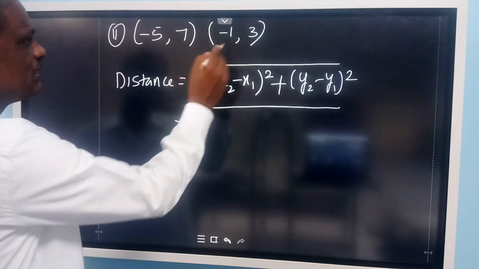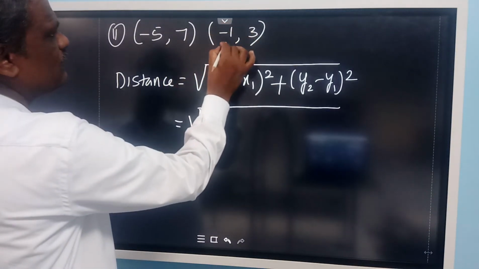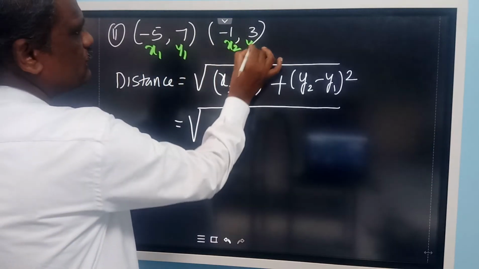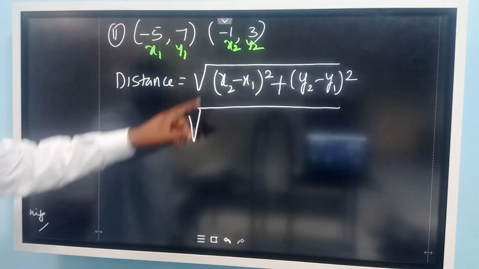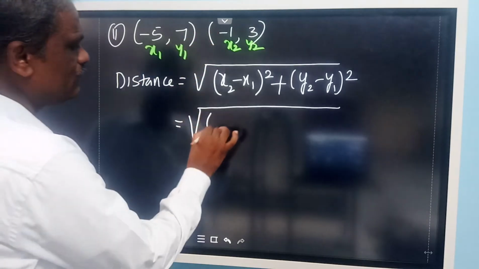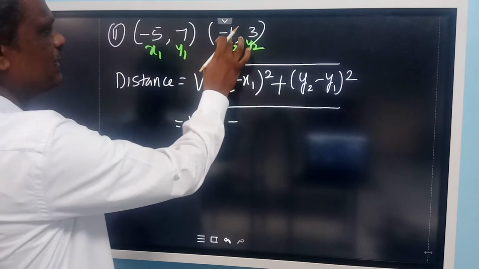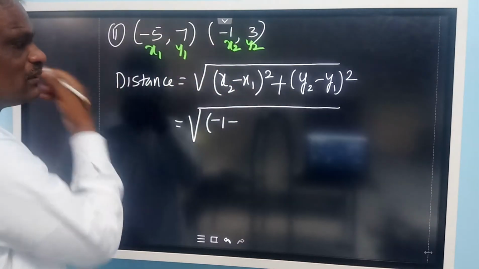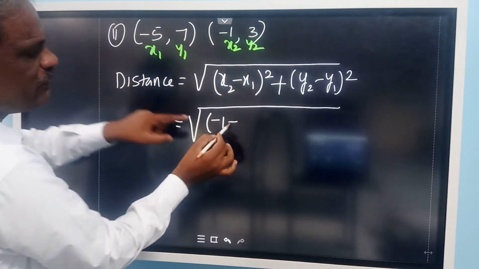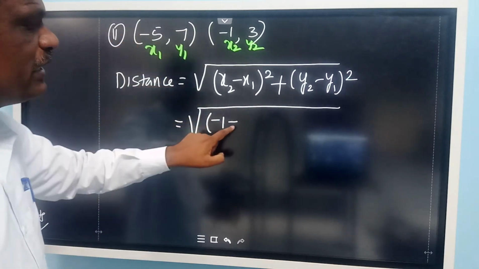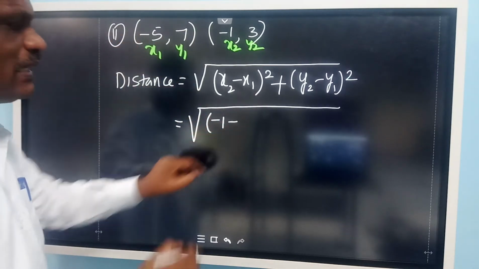Let us identify this: I will write here, this is x1, y1, this is x2, y2. Substitute here, x2 here minus 1, inside the bracket only you write minus 1, this minus you write here and then minus x1. Already we have one minus sign and here also one minus sign is there, so it becomes minus of minus, it becomes plus.